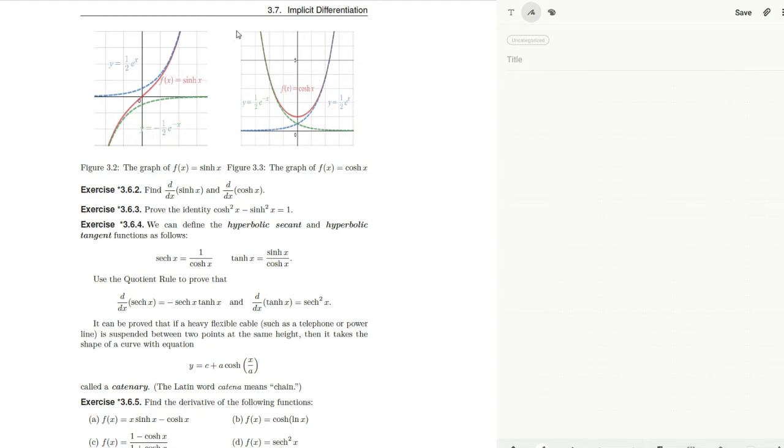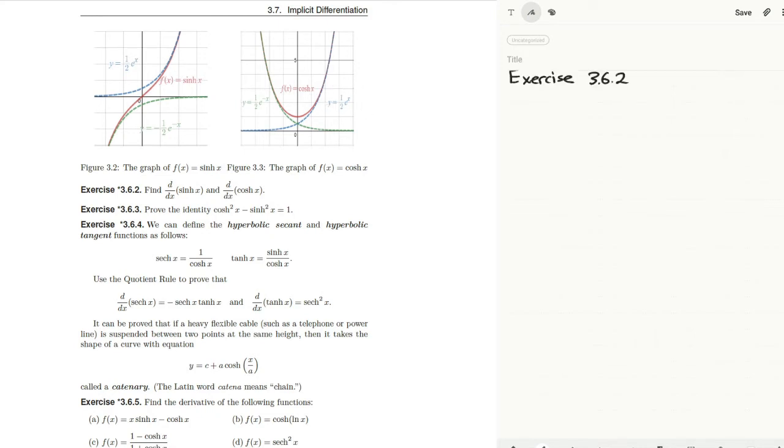And on the right, we have the graph of the hyperbolic cosine function, again given by this red curve. And for large negative values of x, it will behave similar to this exponential function. And for large positive values of x, it will behave similar to this exponential function.